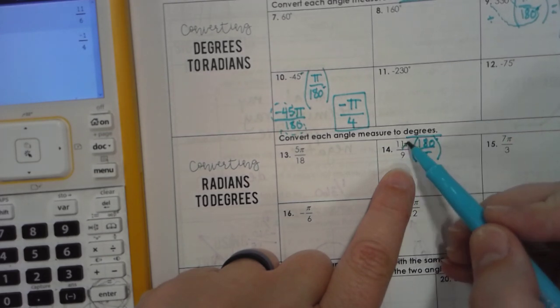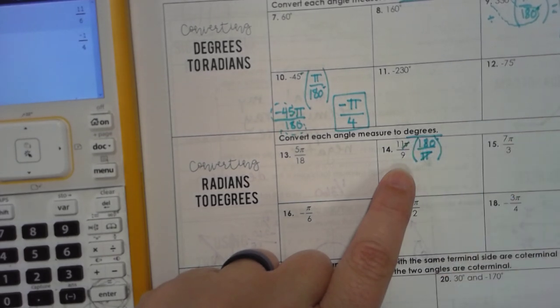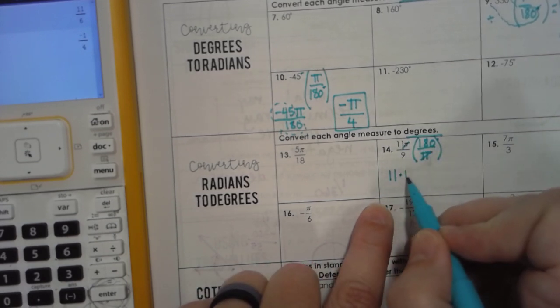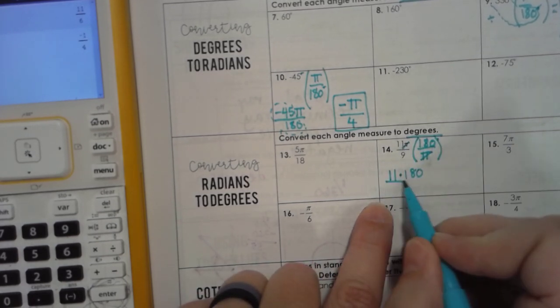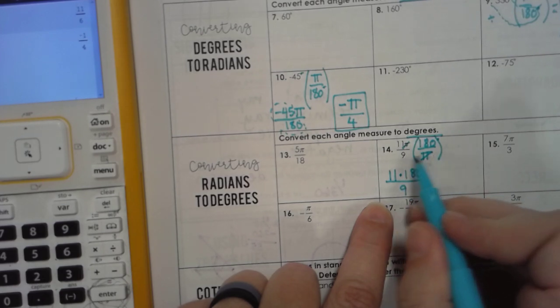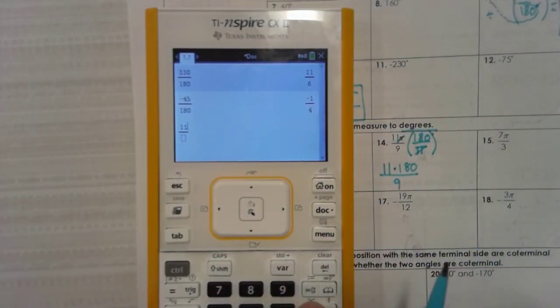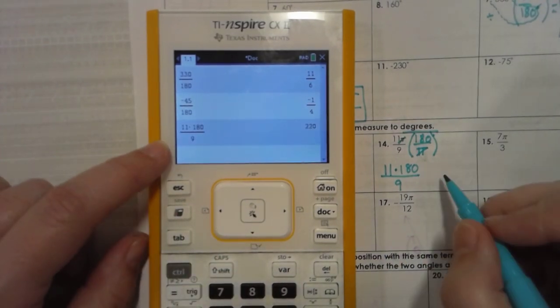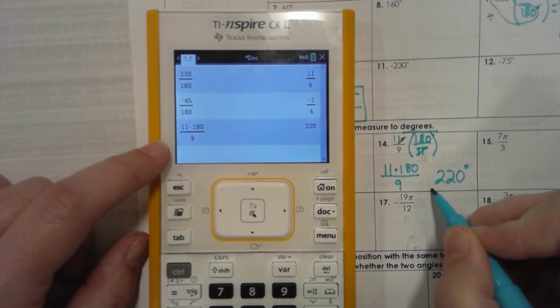So now these pi's are going to go away. And we're going to have 11 straight across the top, 11 times 180 divided by, the only thing down there on the bottom is 9. And that just goes into your calculator. 11 times 180 divided by 9. 220 degrees.